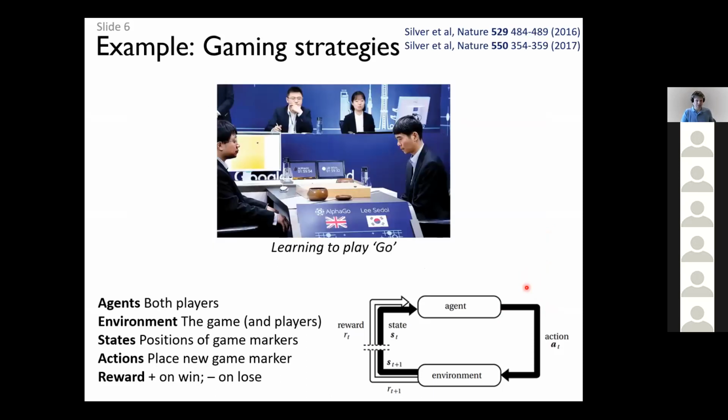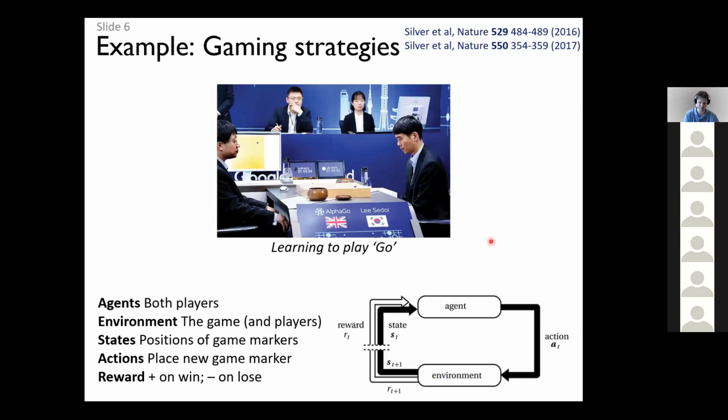So now another example, also quite famous, probably you heard about this, is the Go problem. So for a long time, Go was the last classical board game where humans still were better than computers.